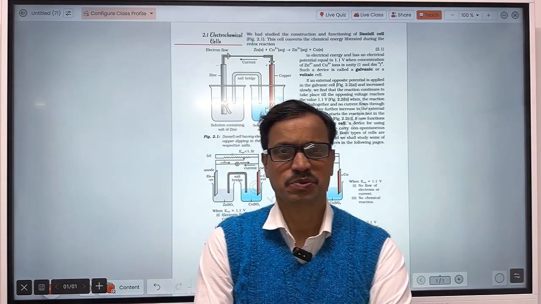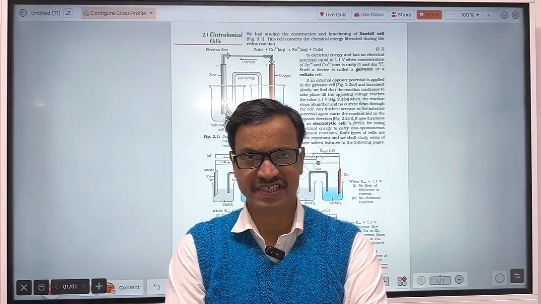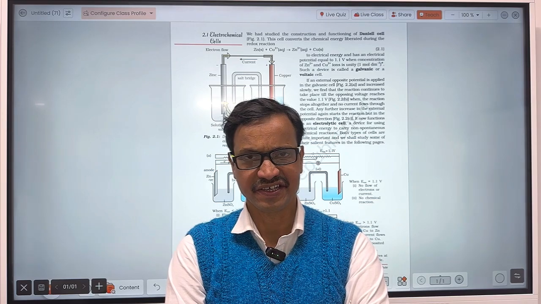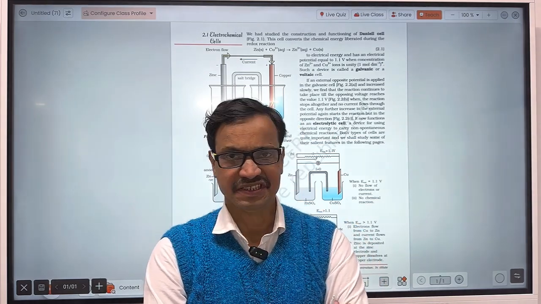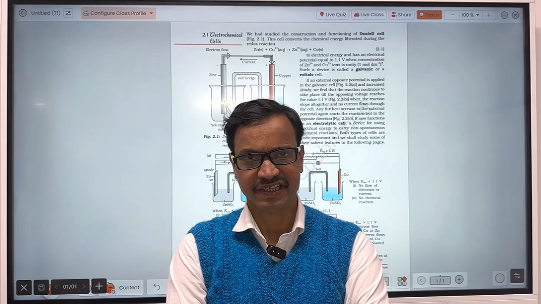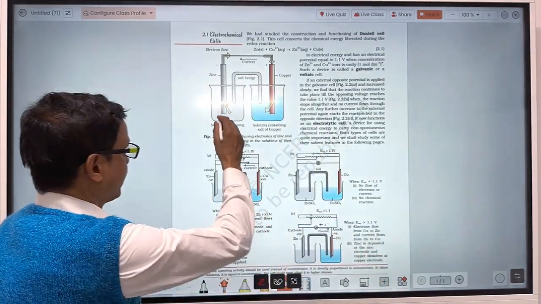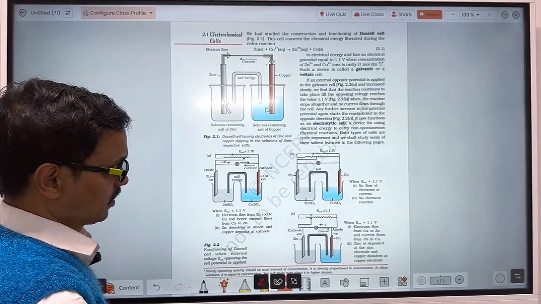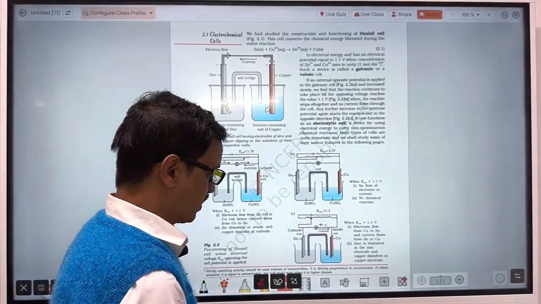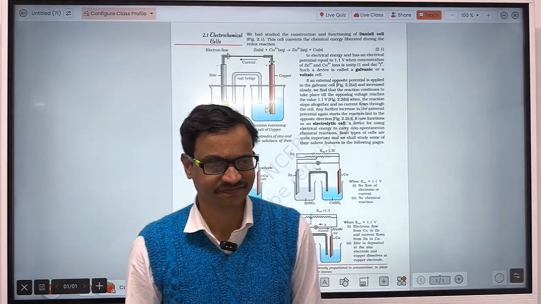Here you should only know that among zinc and copper, zinc has a greater tendency to lose electrons when both exist in the solid phase. Here, the zinc rod and copper rod exist in the solid phase.